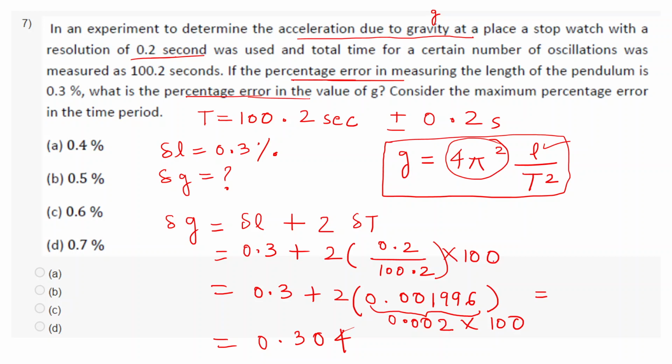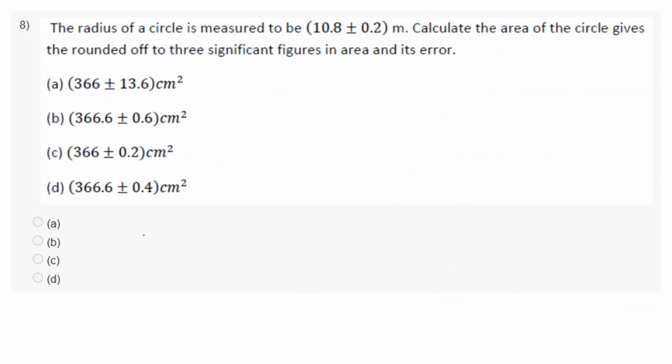I need to multiply it with 100 to make it into a percentage. So this number, I'm rounding it off to one significant figure, and then I multiply it with 100. So what I'll get is finally 0.3 plus 0.4, which will give us 0.7%. So the percentage error in g value is 0.7%. This is the correct answer.